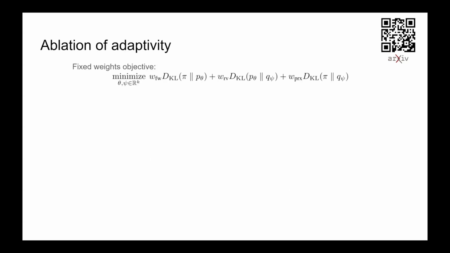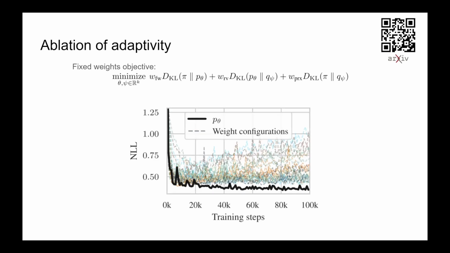So in the first experiment, we want to ask if all the story of duality and resilient learning is actually necessary, and maybe we can just take those 3 KL terms and just use some fixed weight optimization. So we tested that on a synthetic dataset of a mixture of 40 Gaussians. And because we don't really know which weights we should use, we tried 25 different weight configurations, which you can see in the different colors.